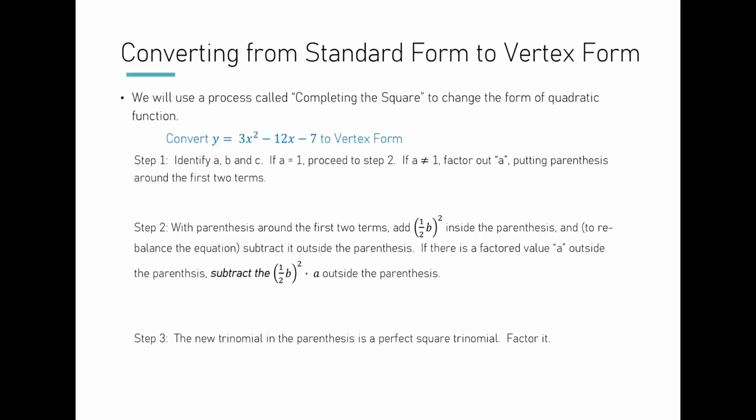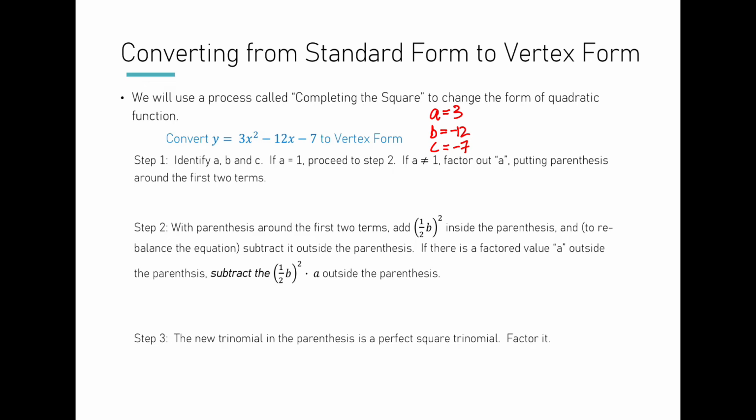Let's try something a little more difficult and see how far we can get. Now, one of the tricky parts we talked about here was step number 1. Well, first, identify what A, B, and C are. Here we have A is a 3, B is -12, and C is -7.